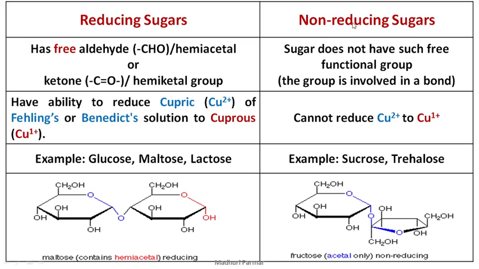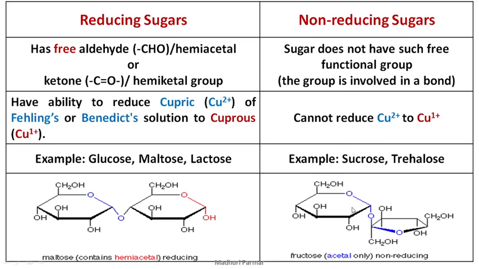What are non-reducing sugars? Here, the sugar does not have any free functional group. It is involved in a bond, so it is not free, and it will not be able to reduce cupric to cuprous. Examples are sucrose and trehalose.